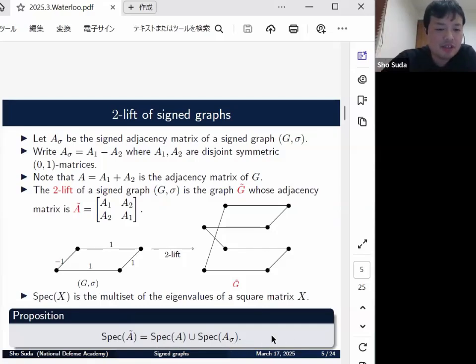And here we consider this union as a merged set. So if we know all the eigenvalue information of the adjacency matrix A and its signed graph, we know all of the eigenvalues of the resulting graph with their multiplicity.